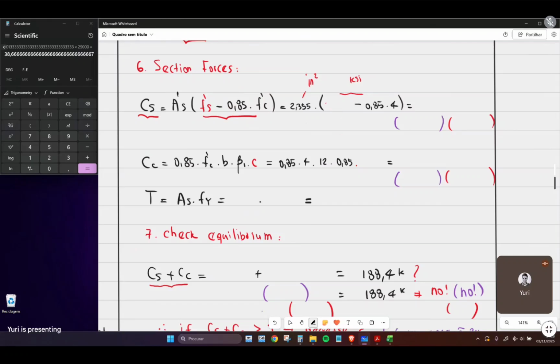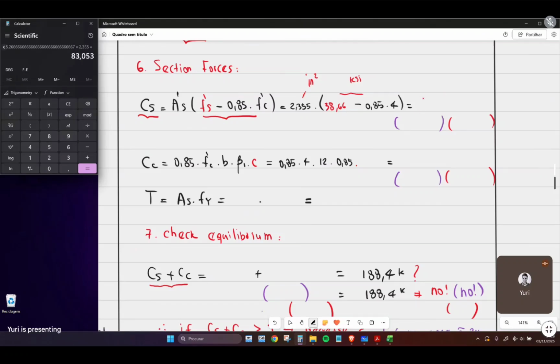So we take the value 38.66 and subtract 0.85 multiplied by 4, which is the 4,000 psi concrete, and this multiplied by the compressive reinforcement area, 2.355.